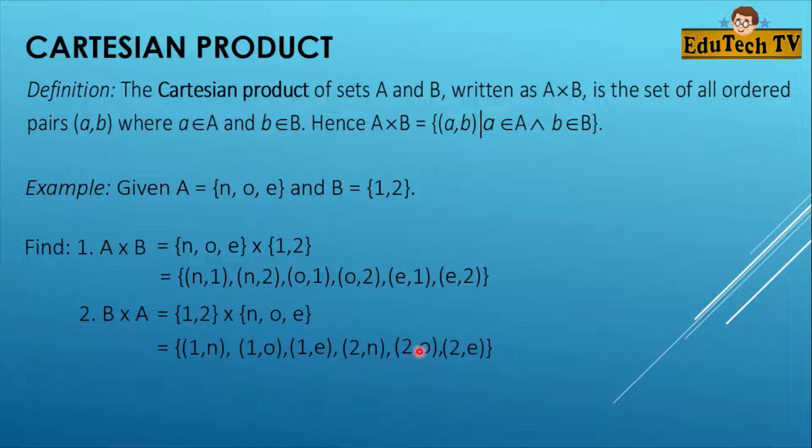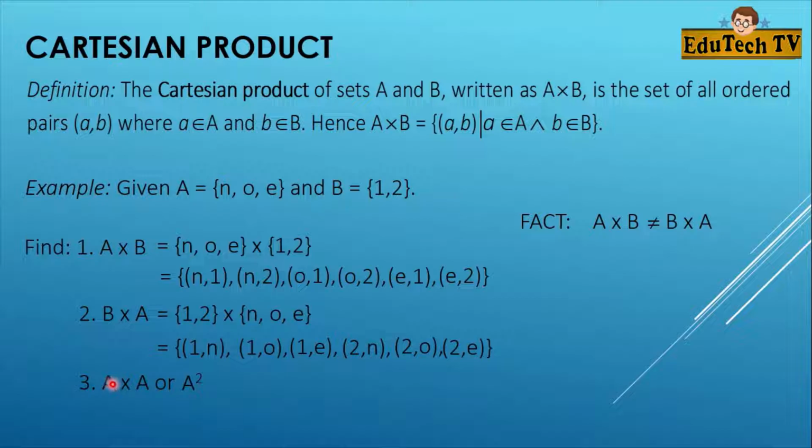So this is the product of B times A. If you notice, they don't have the same product, so that is why we have the fact that A times B is not equal to B times A.